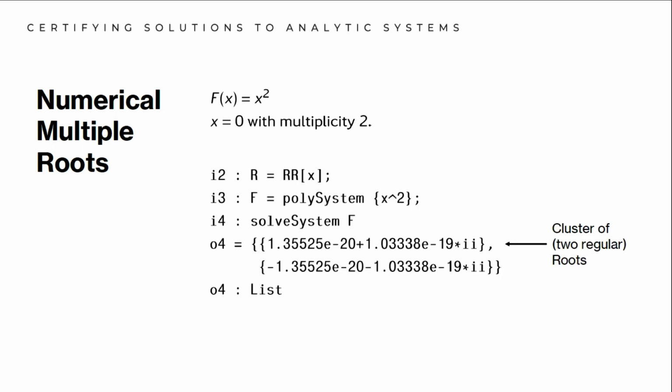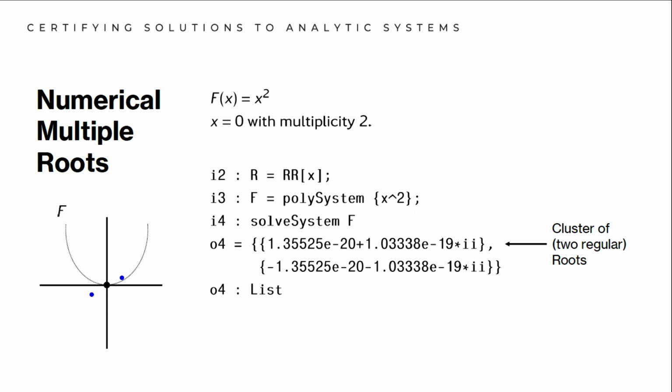But I will solve this using some numerical solver. I use Macaulay2. Then we're going to get these two solutions. But we should observe that this actually has two solutions, not one, which means that we got a cluster with two roots. Let me describe this using a diagram. We have a capital F, which has a solution at the origin. But when we solve this system using a numerical solver, we get 2 points here, close to each other.